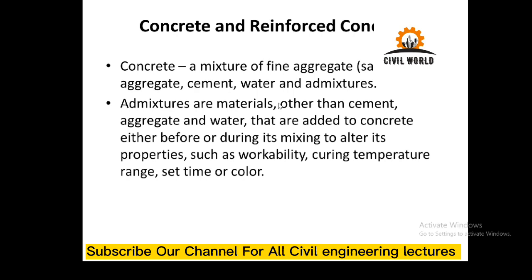So admixtures in normal cases are not added into concrete, but if some specific properties are required out of the concrete, different types of admixtures may be added, which may be set retarders, accelerators, air entrainment admixtures, superplasticizers, color pigments. So we'll discuss different types of admixtures in the coming slides.